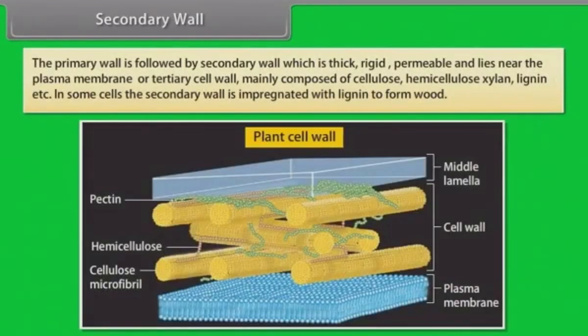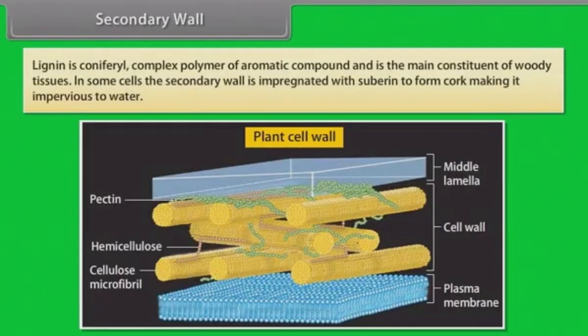Secondary wall. The primary wall is followed by secondary wall, which is thick, rigid, permeable, and lies near the plasma membrane, mainly composed of cellulose, hemicellulose, xylan, lignin, etc. In some cells, the secondary wall is impregnated with lignin to form wood.